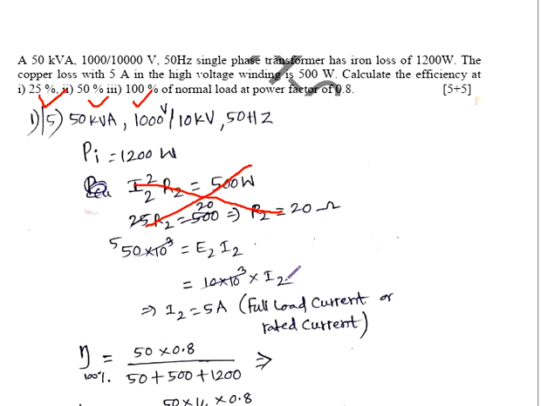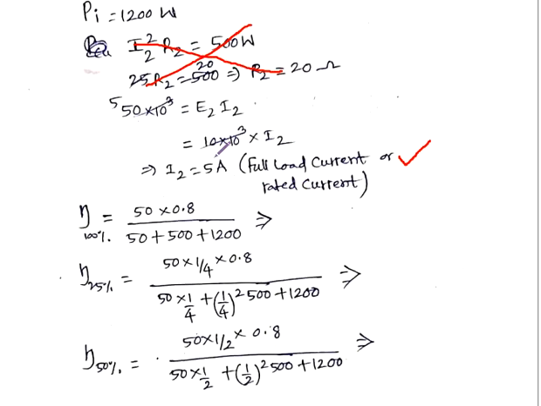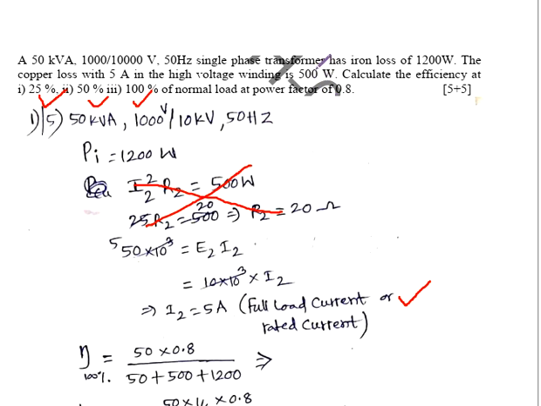With this equation you will get the full load current, which is the rated current. The value is 5 amperes. That means whatever copper loss is given to us is at the full load condition only, because it is given at 5 amperes. With that you can say that PCU is 500 watts.